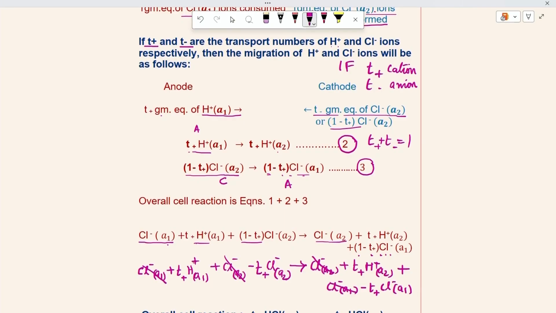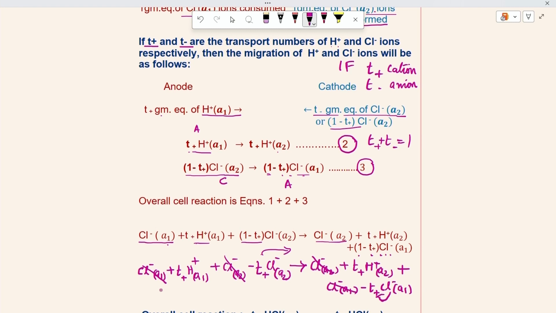So, finally, we have t+ of H+ of activity 1 minus t+ of chloride ions of activity 2. Now, here this term is minus, so it is better I take this term to the other side. Similarly, here t+ of H+ of activity 2, this is a positive term, while this is a negative term, so it is better I take it on the other side.